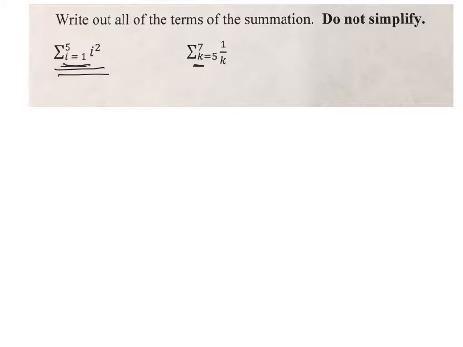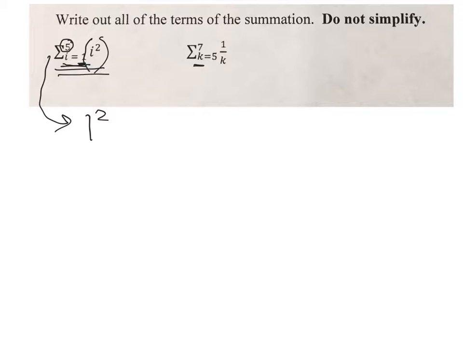The index shows where we start, and then this shows where we end. So in this first one, we're saying we're going to calculate the sum of i squared when i goes from 1 to 5. So for our first term, if i is 1, we'd have 1 squared.